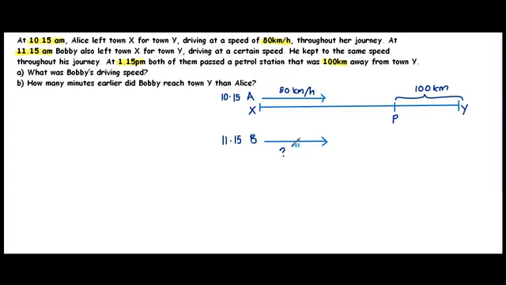We also know that both Alice and Bobby would pass the petrol station at 1:15 p.m. Based on this information, we can actually find out the time taken by Alice to pass the petrol station.